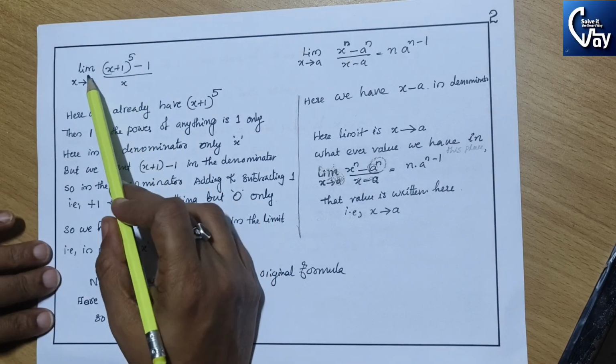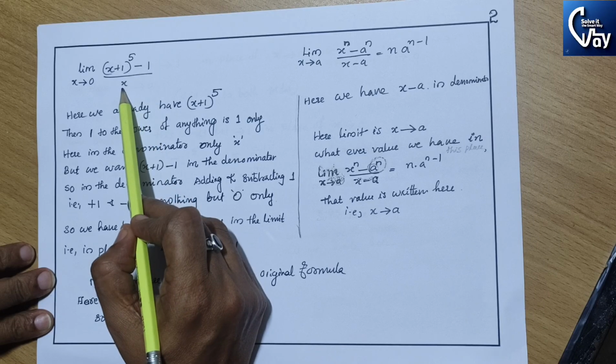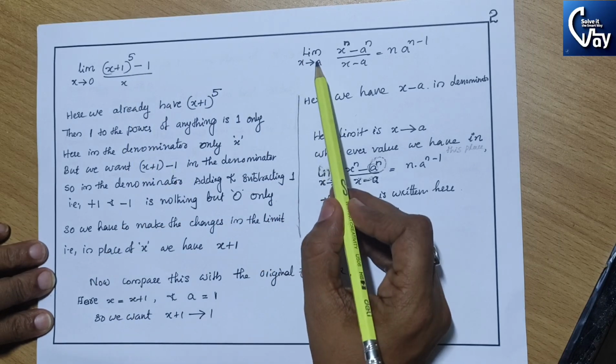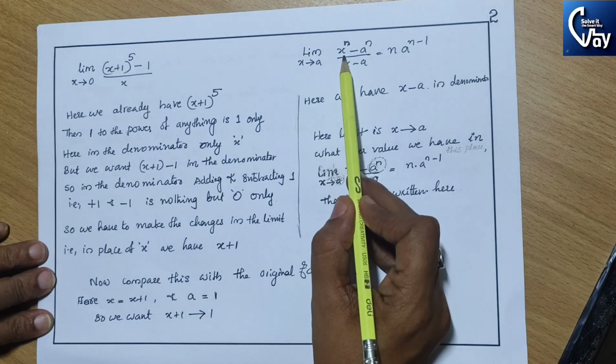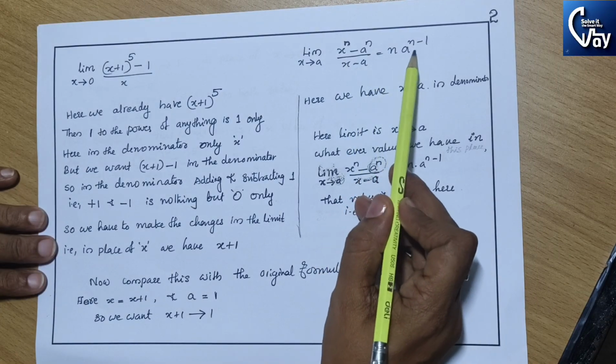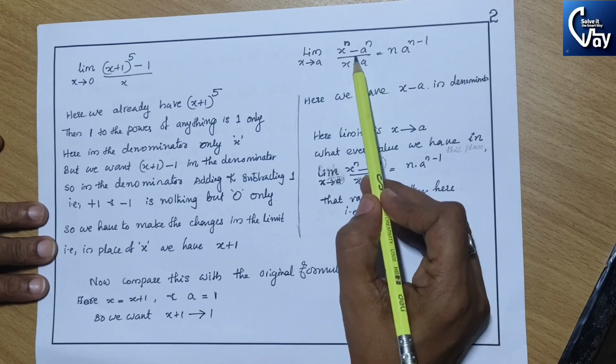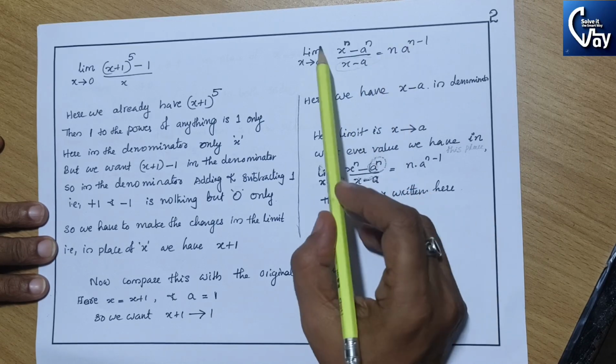So our question is limit x tends to 0, ((x plus 1) whole raised to 5 minus 1) divided by x. Our formula is limit x tends to a, (x raised to n minus a raised to n) by (x minus a) equals n a raised to n minus 1. Here we have x minus a in the denominator.